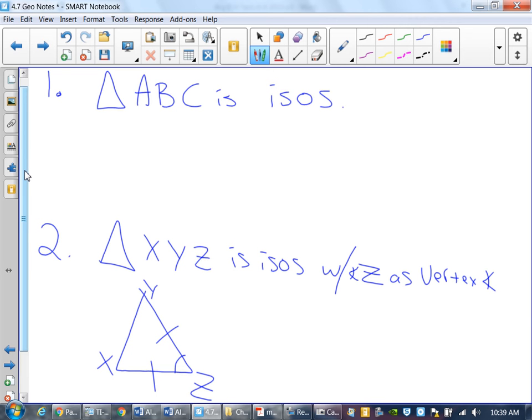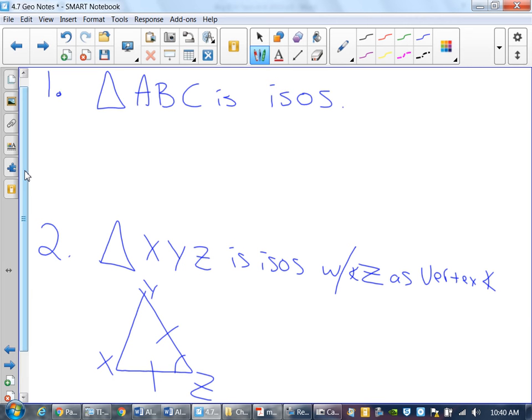But this assumption is pretty easy to deal with. What's the middle letter of A, B, and C? B. So if it doesn't tell you specifically which one's the vertex angle, always use the second letter.